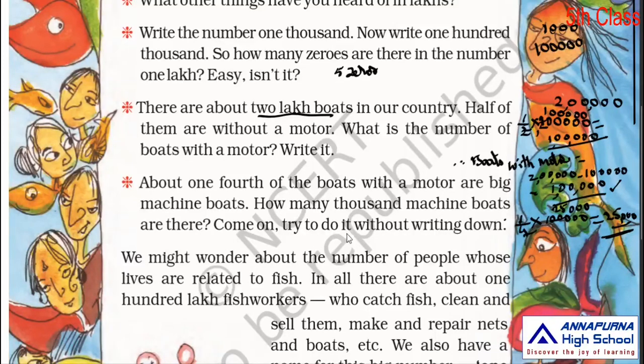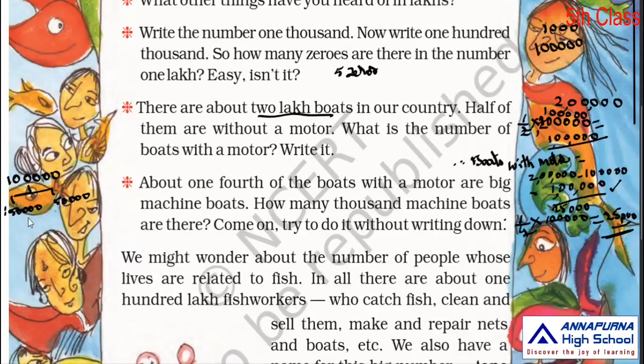Now, come on, try to do it without writing down. We can split 1 lakh. Half of 1 lakh is 50,000. That means 50,000 plus 50,000 is equal to 1 lakh.